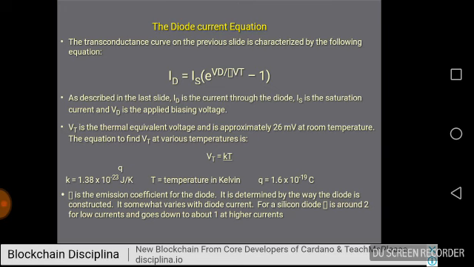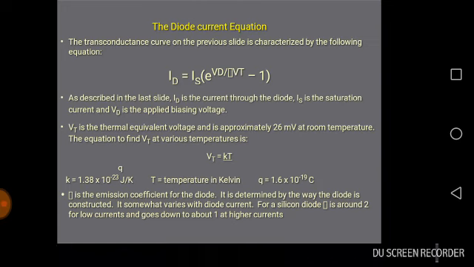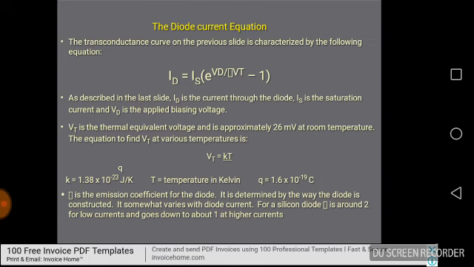You can always use an approximated value of Vt when we solve numerical problems in the in-class activity. Vt is 26 millivolts at room temperature, that is 300 Kelvin. And eta, which is denoted as a rectangular box, is the emission coefficient of the diode.